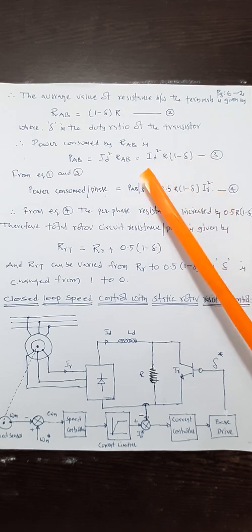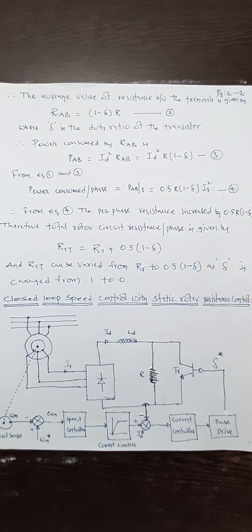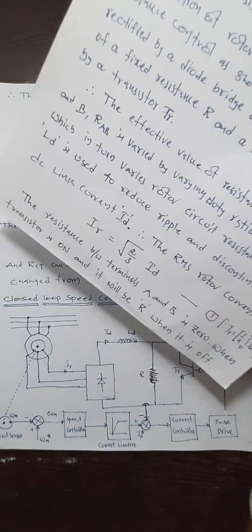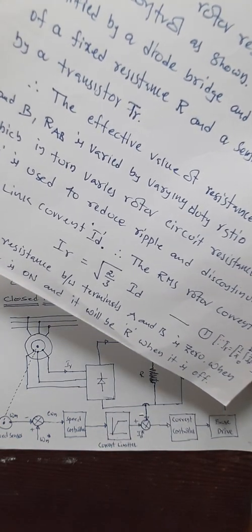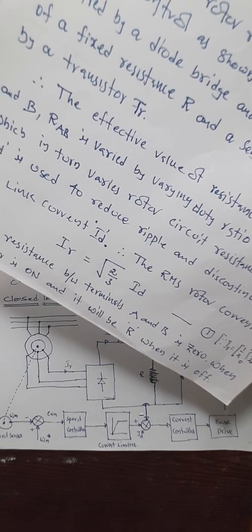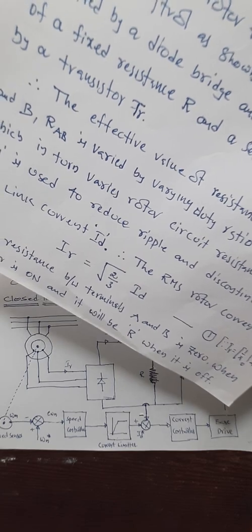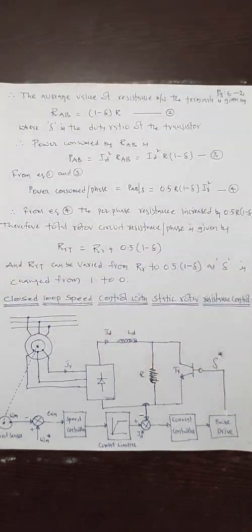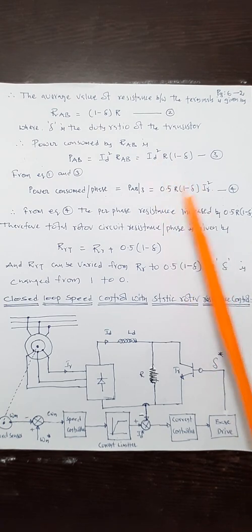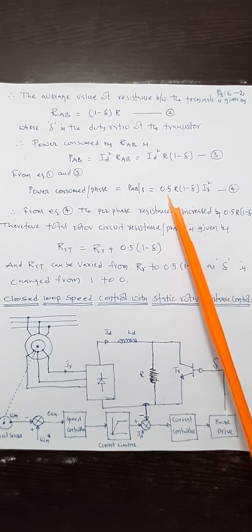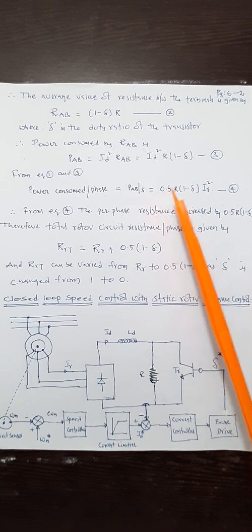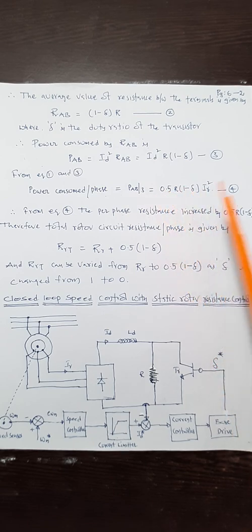And instead of ID square, from equation number 1 you have to observe that IR is equal to square root of 2 by 3 into ID, and you can make the expression for ID and square it and substitute it instead of ID square here, so that this is equal to 0.5 into R into (1 minus delta) into IR square. This is equation number 4.